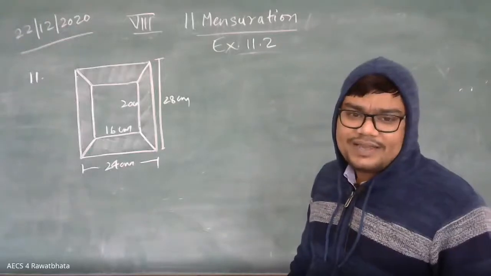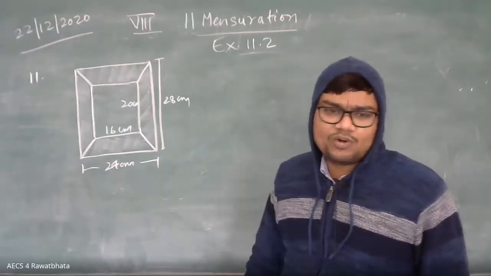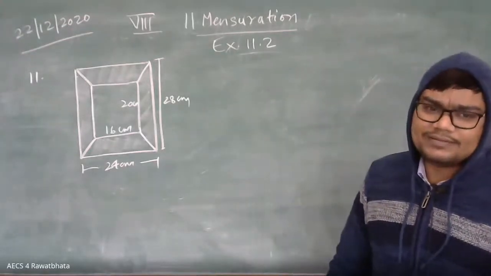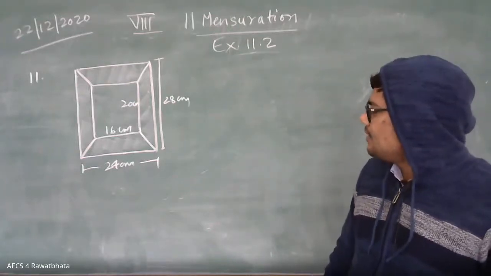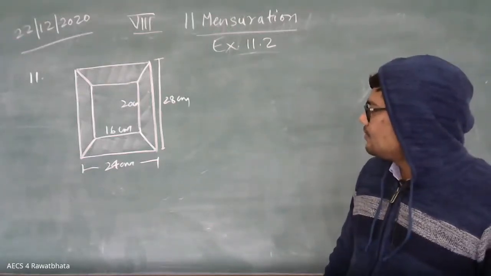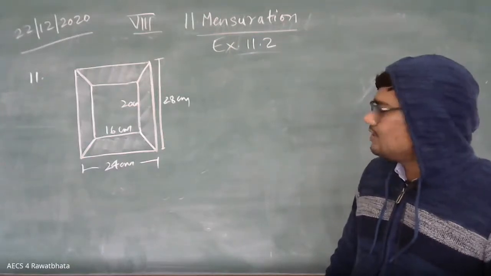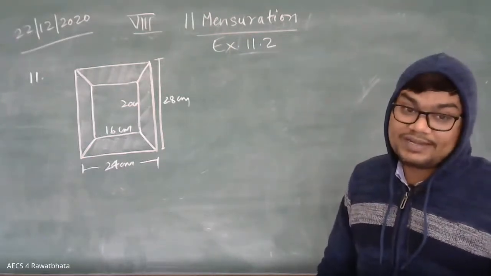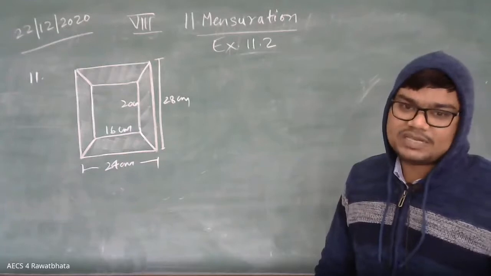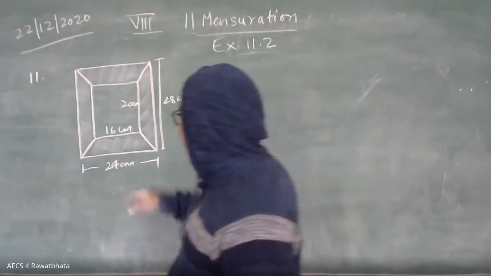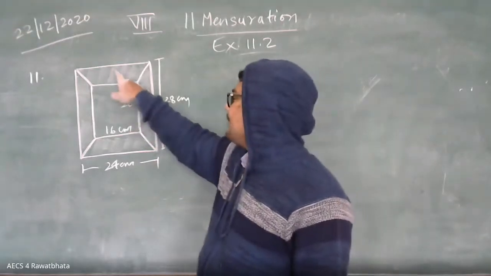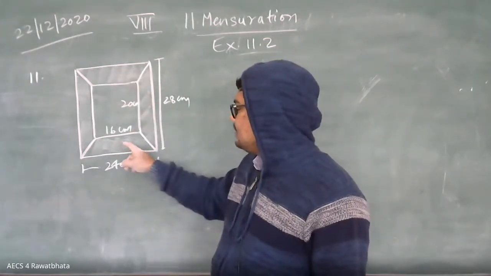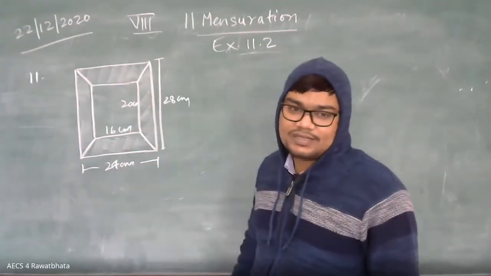So we see that all these four trapeziums are identical. Actually, the four trapeziums are not identical. Opposite trapeziums are identical. This trapezium is similar to this trapezium, and the trapezium here is similar to the trapezium which is here.